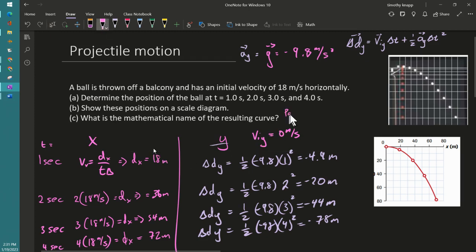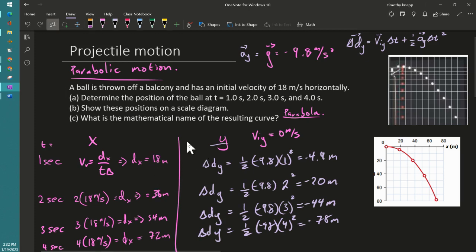It's a parabola. Hence the name parabolic motion. Which is sometimes the name of this chapter in some textbooks, right? Or it's kind of interchanged, projectile motion, parabolic motion, and so forth.